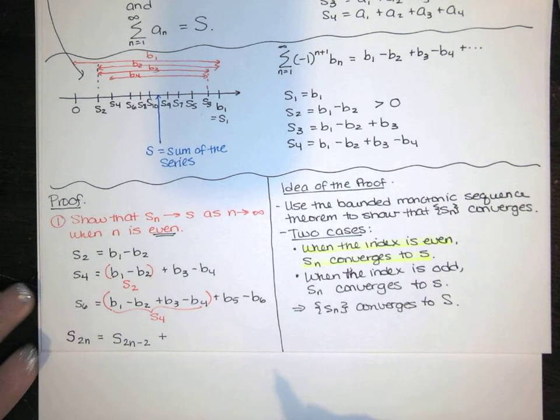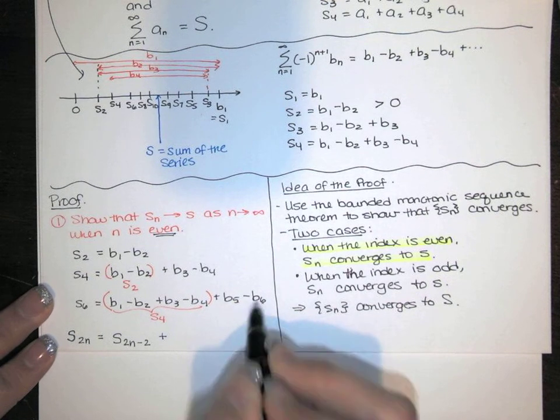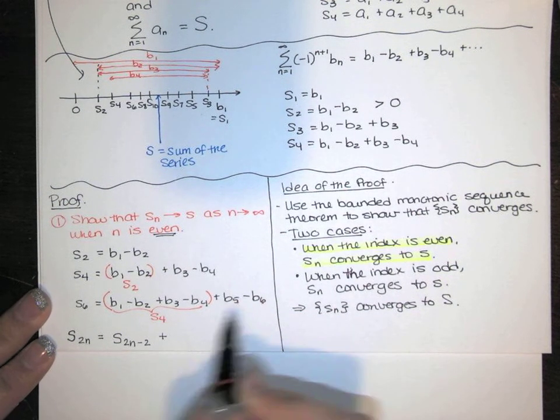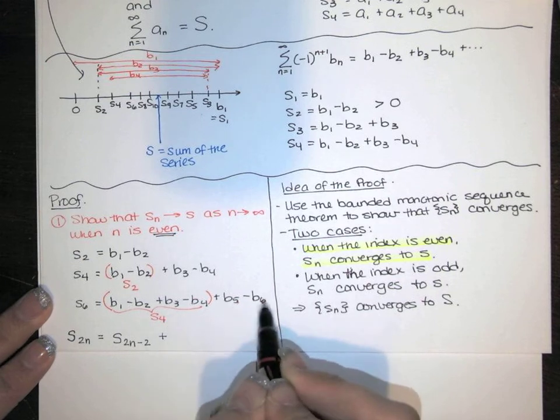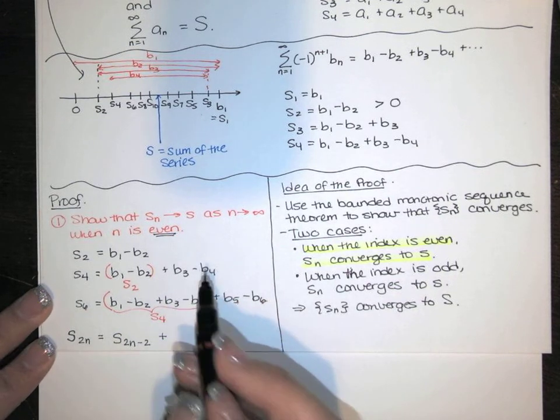And over here, let's look for a pattern in the subscripts. This is an S sub 4, a b sub 5, and a b sub 6 when that's an S sub 6. So these subscripts go up. When this is a 6, I have 4, 5, 6. When this is a 4, I had 2, 3, 4.